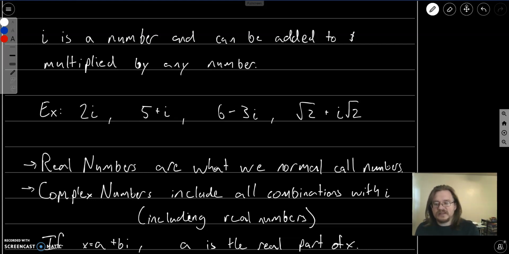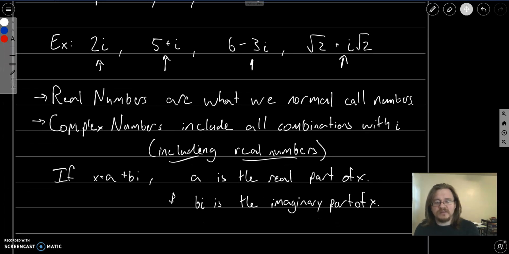What we call complex numbers are all combinations of real numbers and the imaginary number i. So for instance, this is a complex number, this is a complex number, this is a complex number. i by itself is a complex number. All real numbers are included in the set of all complex numbers. So any real number is also a complex number. It's just not very complex.